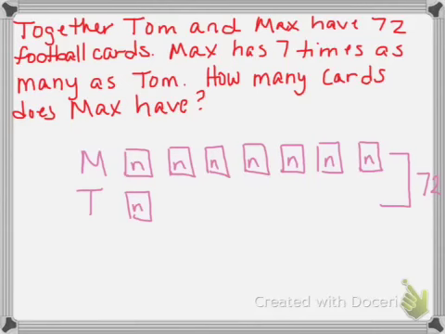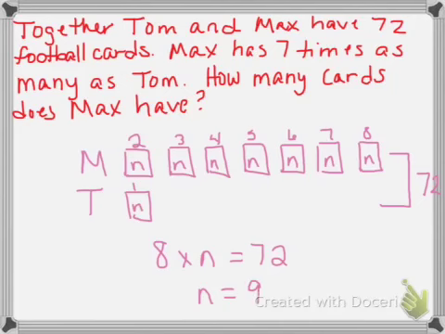How many cards does Max have is the final question here. So I'm going to count up how many boxes I have all together. I have 8 boxes of a quantity I don't know, and when I use those all together, it's going to be 72. So I ask myself, what times 8 is 72? Well, if I think back to some tricks that I've learned recently, 9 times 8 is 72.